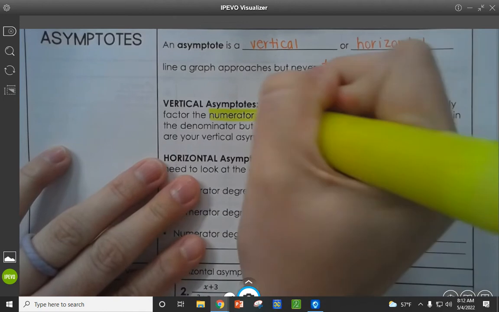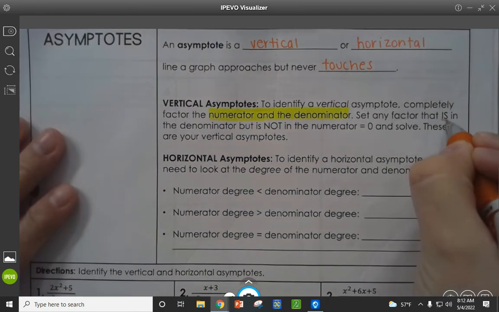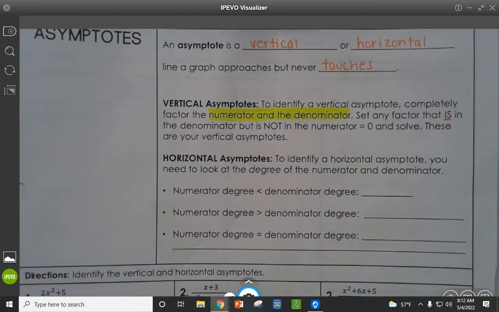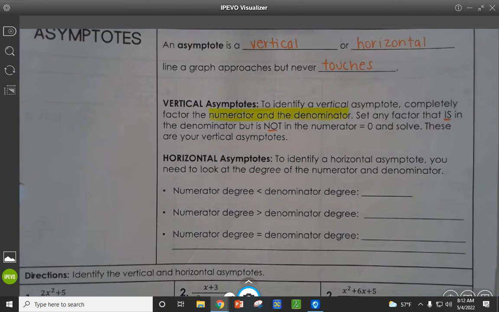So we factor the numerator and the denominator. So any factor that is in the denominator but is not in the numerator. So if I have like an x plus 2 in the denominator, but there is not an x plus 2 in the numerator, you set that equal to 0. And that gives you your vertical asymptote.